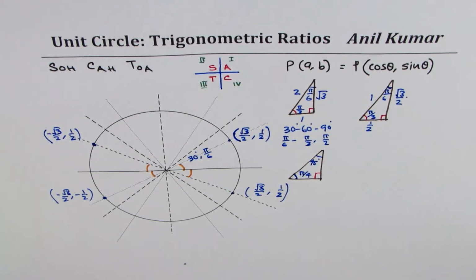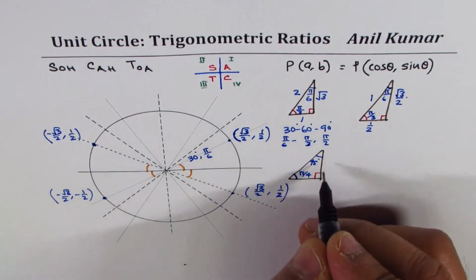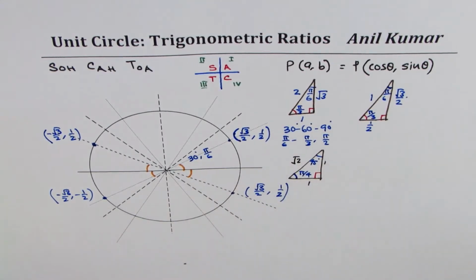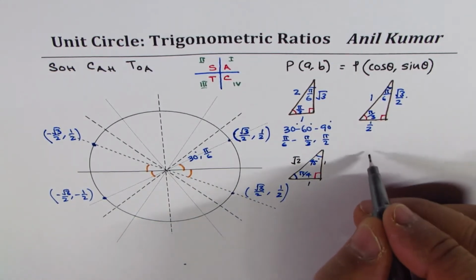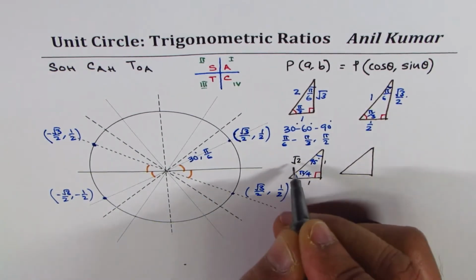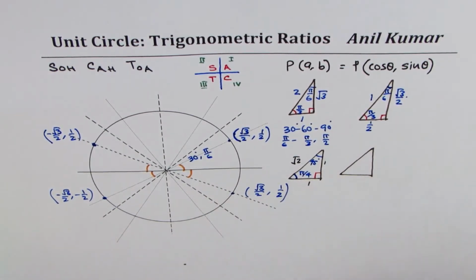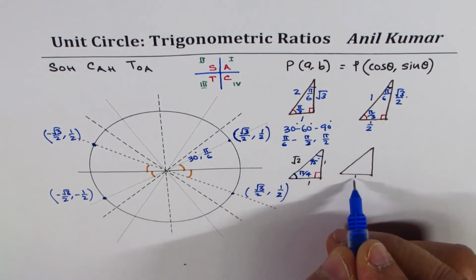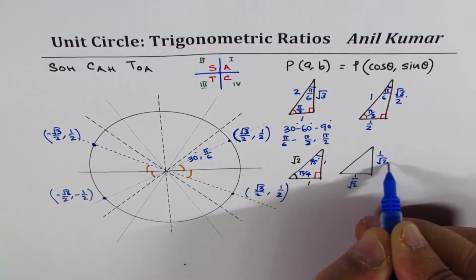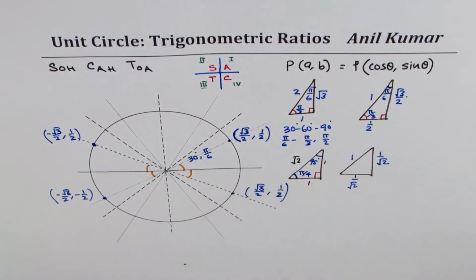So some of us draw this as 1, 1, square root 2. Now the same triangle is also seen in different parts. We'll divide by square root 2 now. So if I divide by square root 2, I get 1 over square root 2, 1 over square root 2, and I get a unit hypotenuse, which we are interested in.